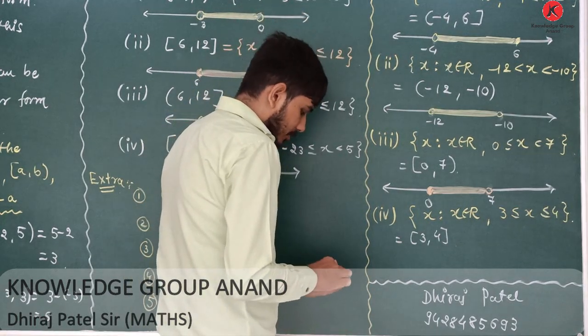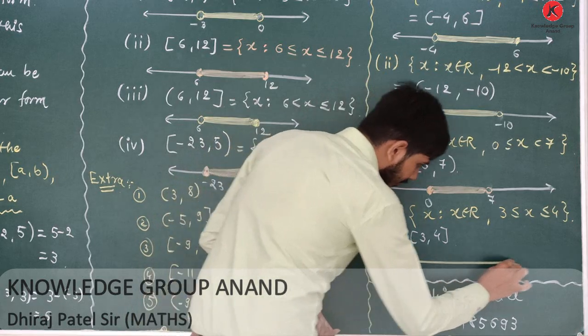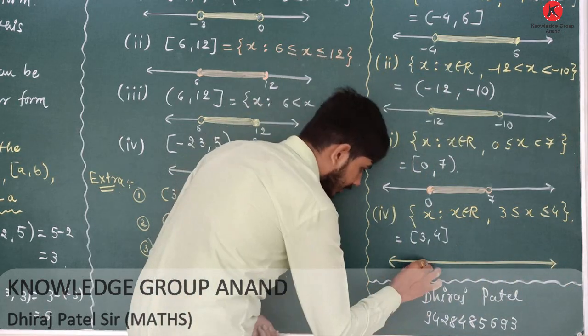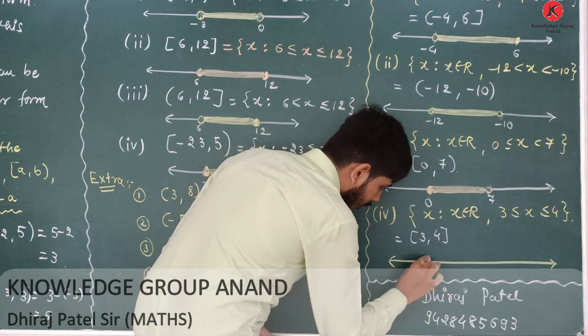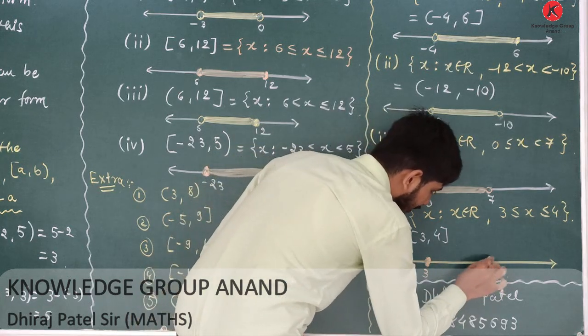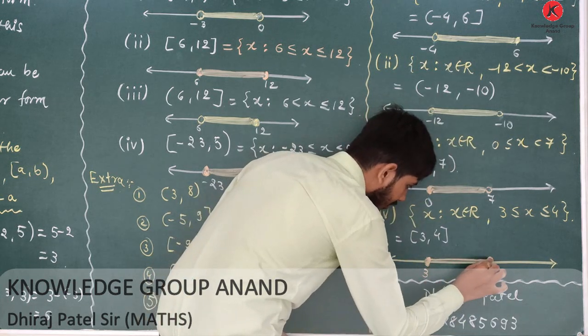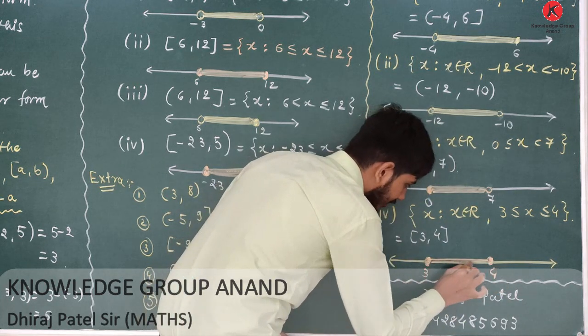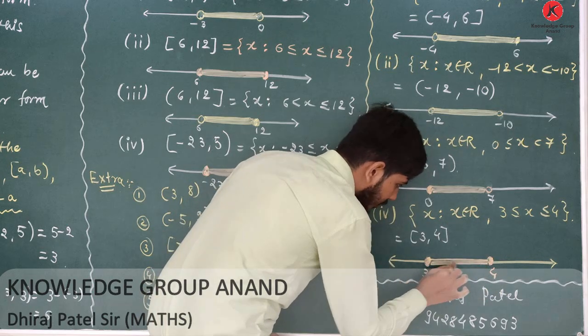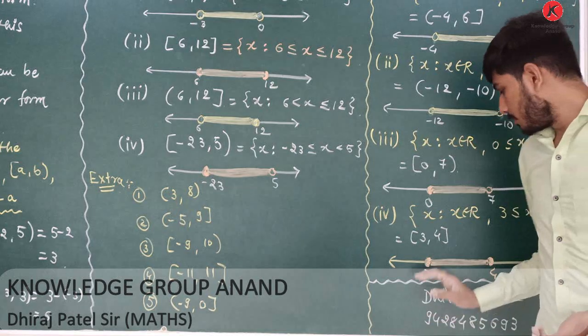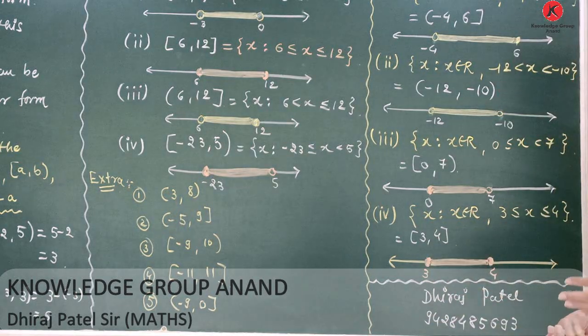Now on the number line we can represent this set. 3 is included here, therefore put the dark circle, and 4 is also included here, put the dark circle, and the real numbers lie between 3 and 4. Okay, this is the representation of this interval on the number line.